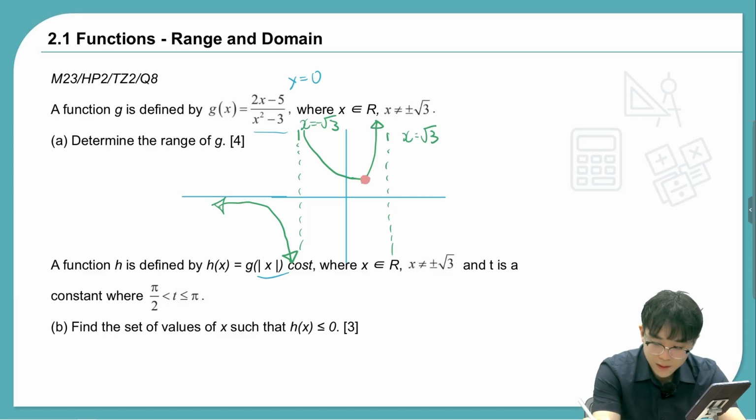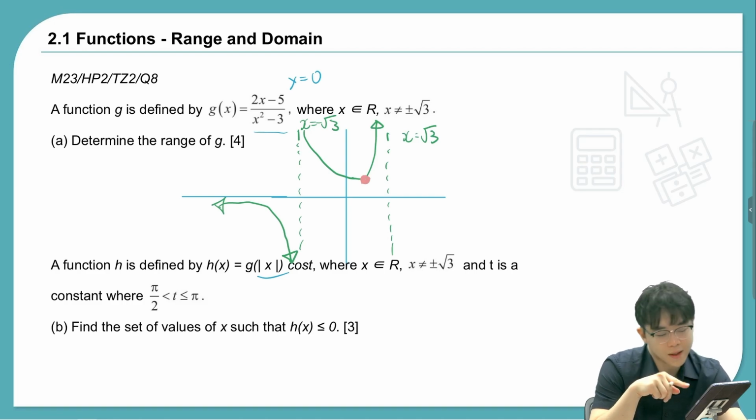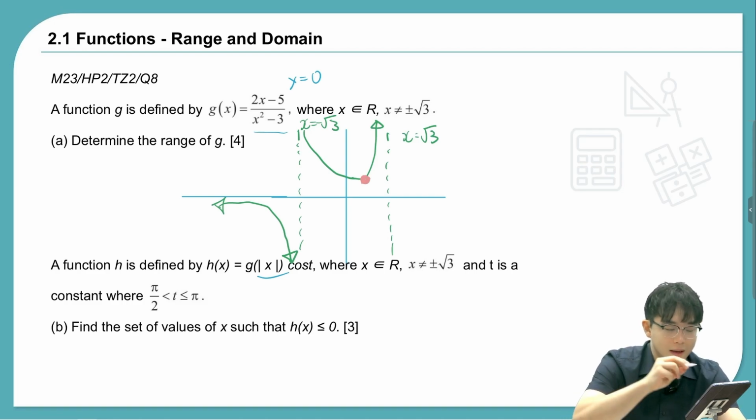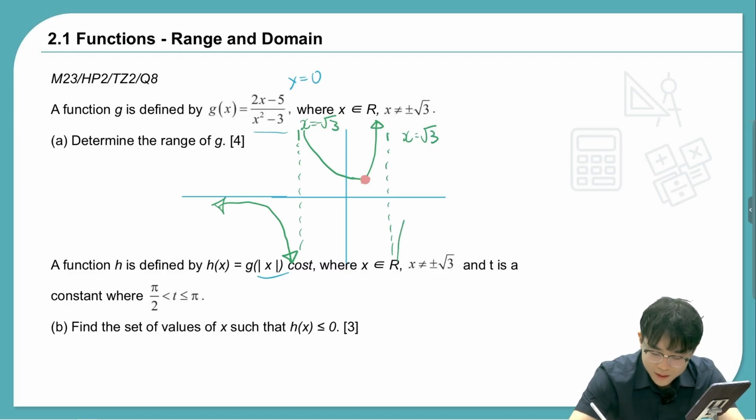And then on the right side, we have the vertical asymptote. We have the x-intercept at somewhere greater than 2.